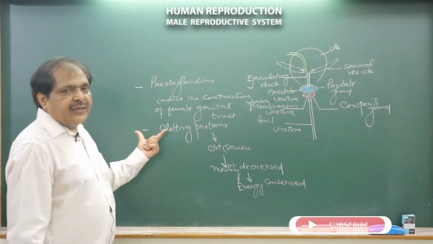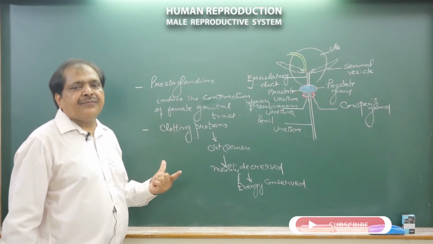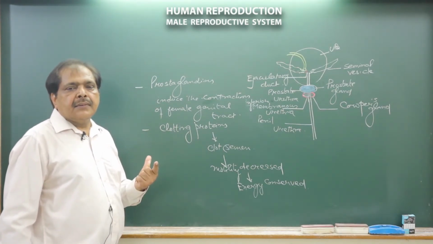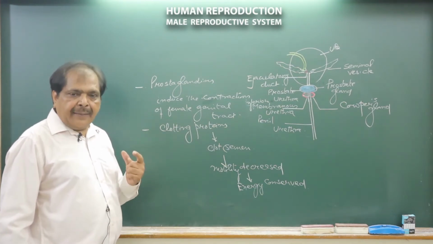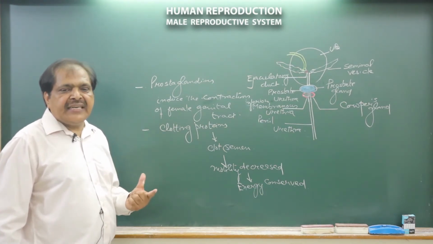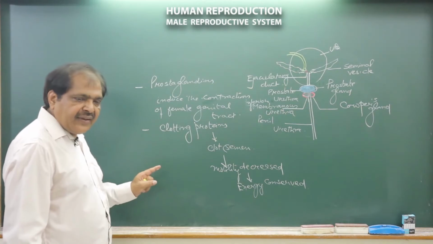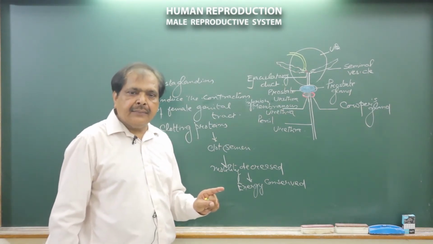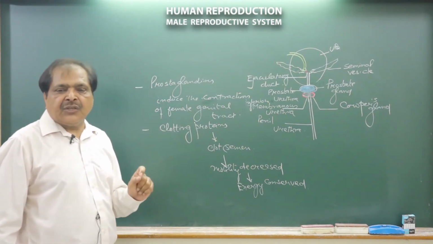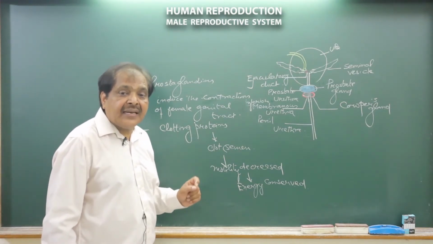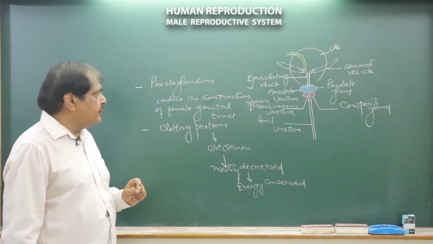Got it? First I told you fructose. Fructose is the forensic test. It confirms rape, legal proceedings. Fructose is otherwise not present anywhere in the body.